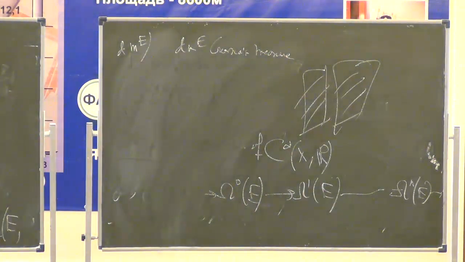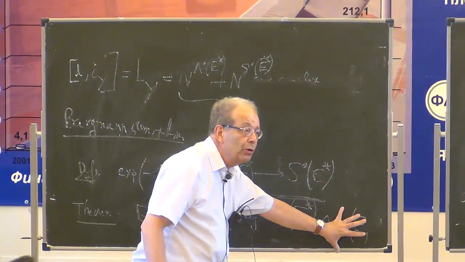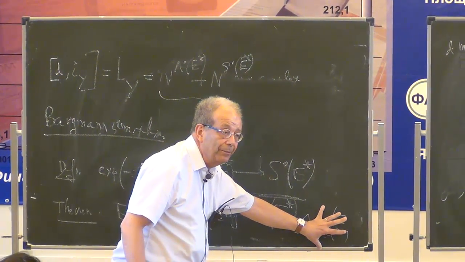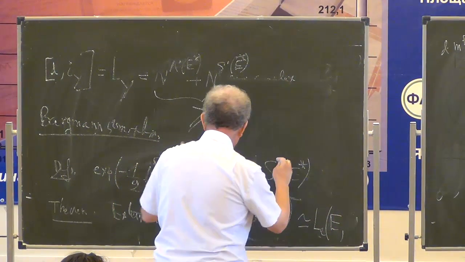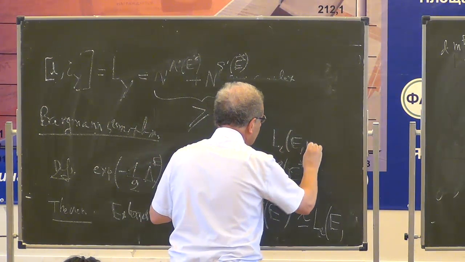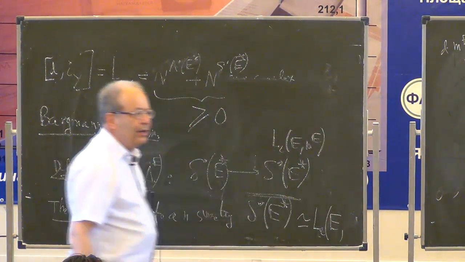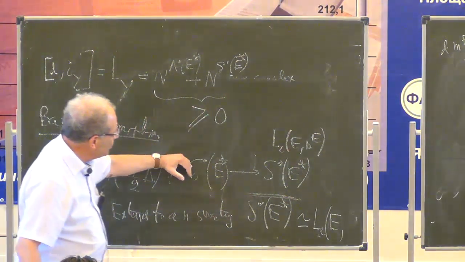Okay, so let's try to understand this. First of all, polynomials are obviously embedded into L2 for the Gaussian measure. So this map here can be viewed as a map from S of E star into L2 of E for this Gaussian measure. So the Bargmann isomorphism says that actually it extends to an isometry.